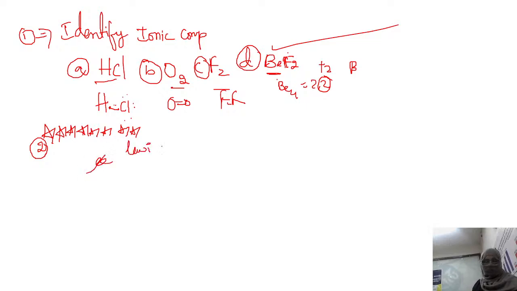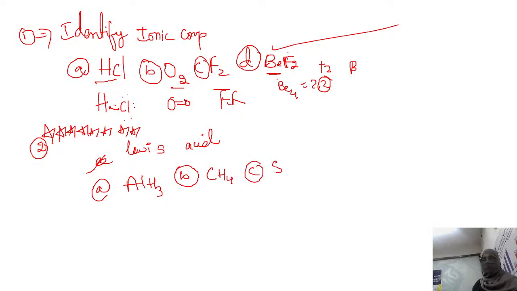The second question is you need to identify the Lewis acid. Option A, AlH3. Option B, CH4. Option C, SiH4.